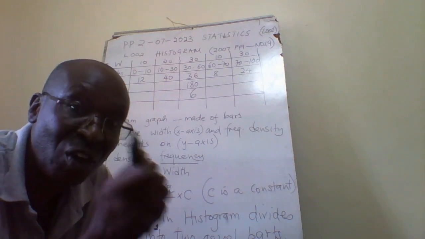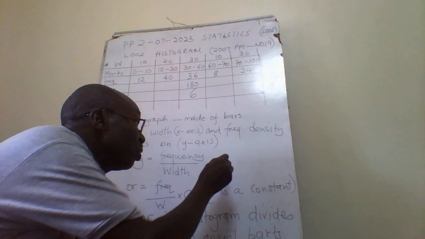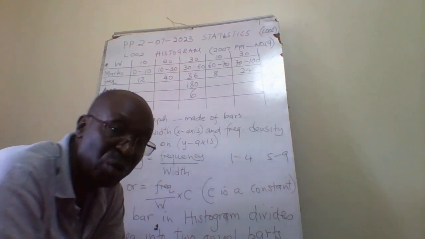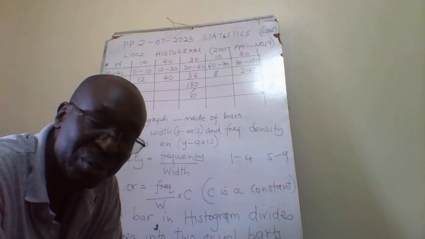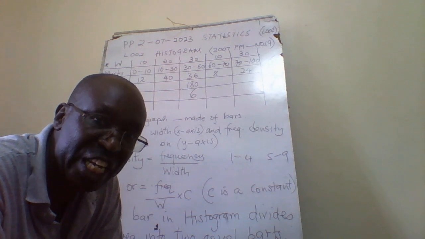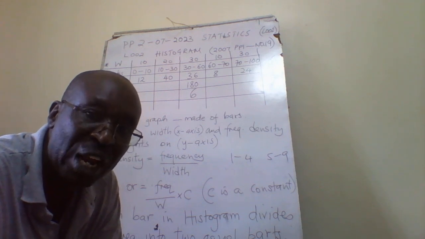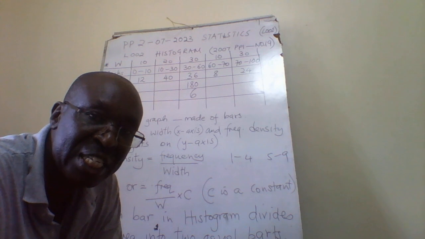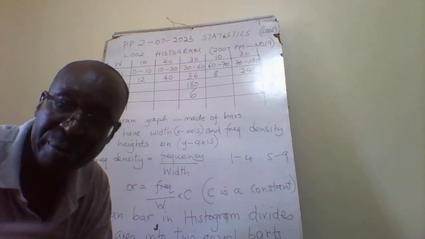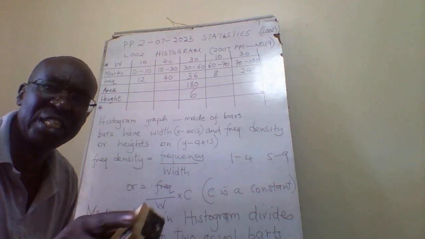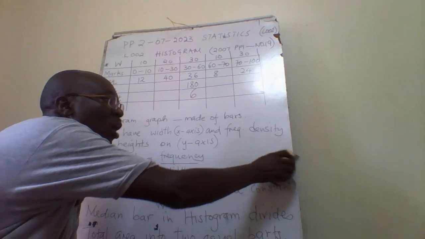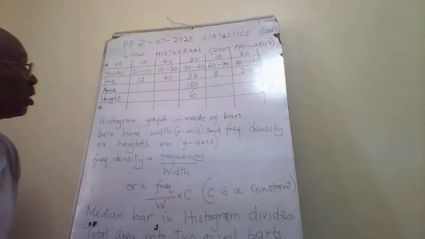If it were not overlapping, like what I showed you, 1 to 4, 5 to 9, you don't do that. You subtract and then add 1, because figures are inclusive when they are not overlapping. So try to get the distinction between the figures that you are operating with.